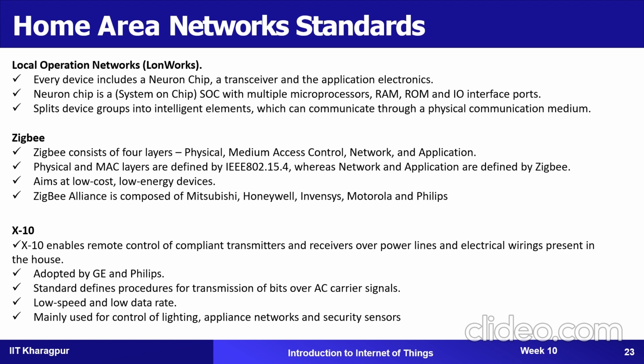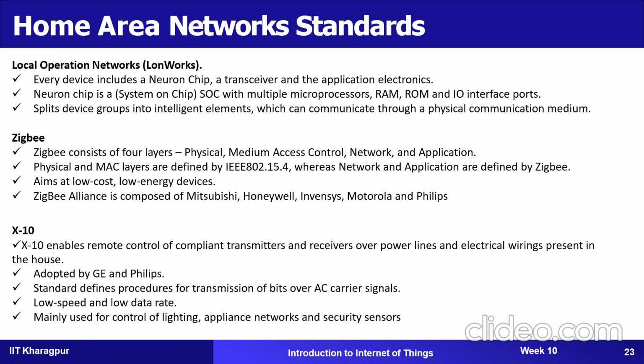So neuron chip is a system on chip with multiple processors, RAM, ROM and input output interface. So all these things are present on a single chip. Next, it splits the device group into intelligent elements which can communicate through a physical communication medium. So in this, the communication takes place through a physical communication medium.